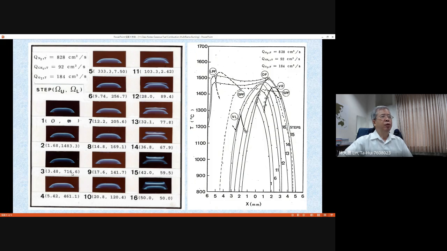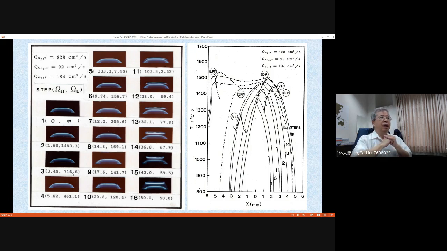We did this experiment using opposed jet flows, and we tried to control the fuel mixture coming from the lower burner, and the oxygen coming from the upper burner. We hoped we could fix the stagnation plane almost the same without too much change. Then we mixed certain amounts of nitrogen into the upper flow and the lower flow, and they can balance it without too much variation in the position of the stagnation plane.